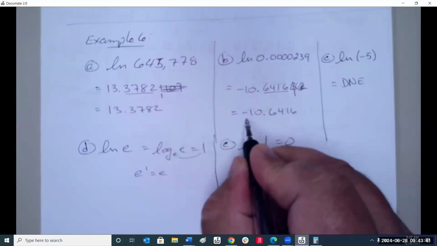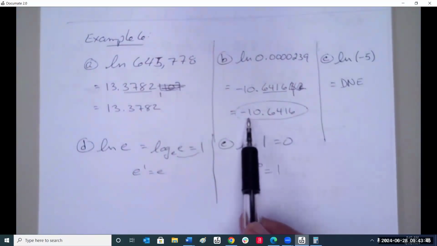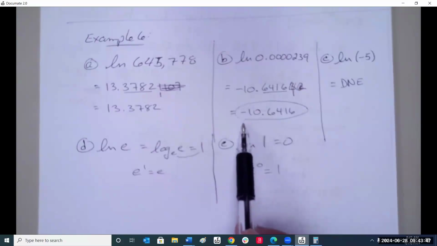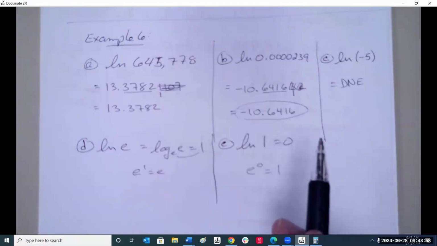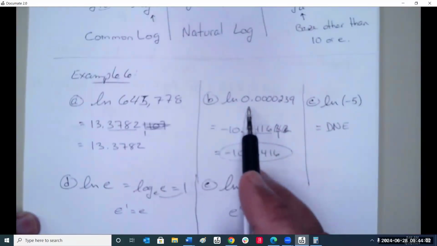And I should have asked you, what was the sign going to be? How do we know the answer is going to be negative? Look at this number here.